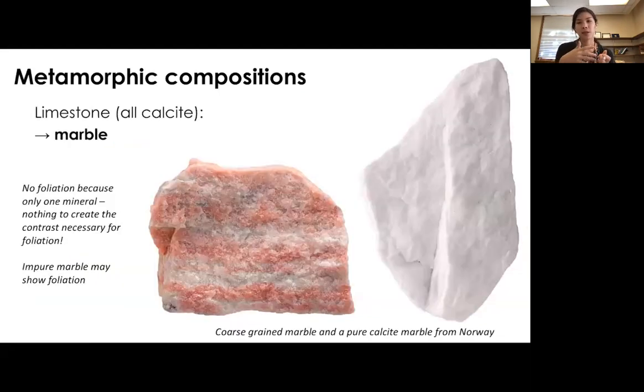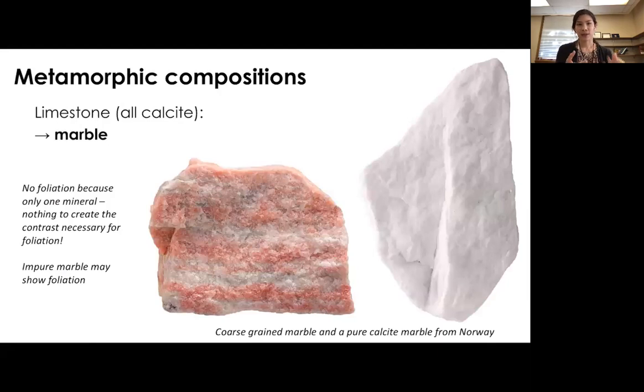Another exception to some of this naming game are all limestone or all calcite rocks, which under metamorphic conditions will turn into a marble. And again, because the original limestone starts out all calcite, there is nothing else that it can really turn into. It's already kind of at its purest form.